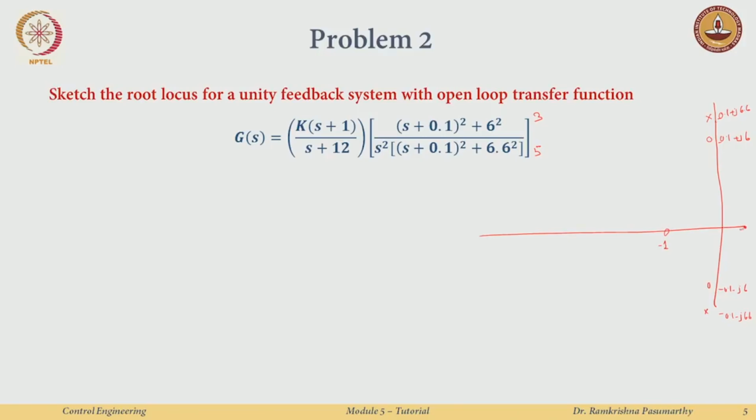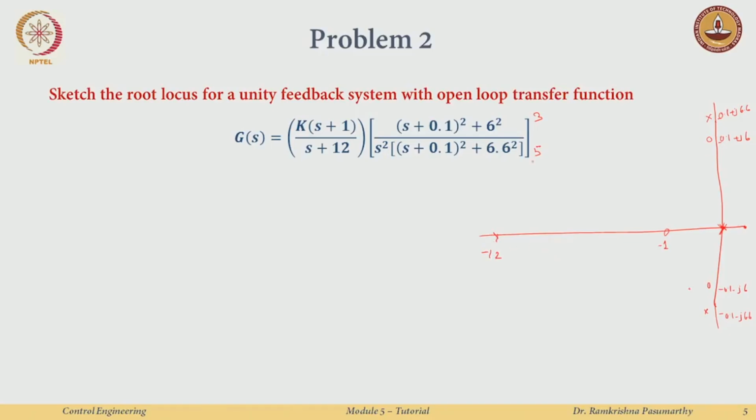So, this distance is 0.1. Additionally there are 2 poles here at the origin. So, we have 1, 2, 3, 4 and one guy is sitting here at minus 12. So, 5 poles and 3 zeros.